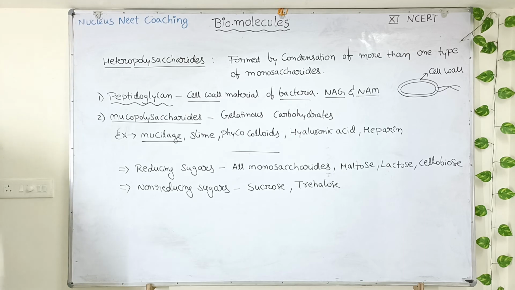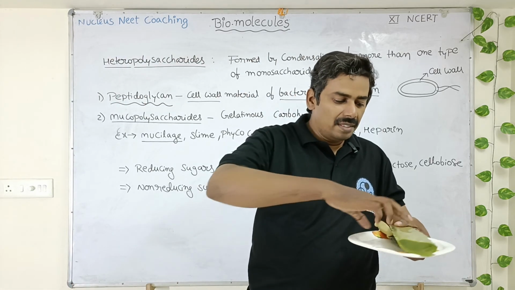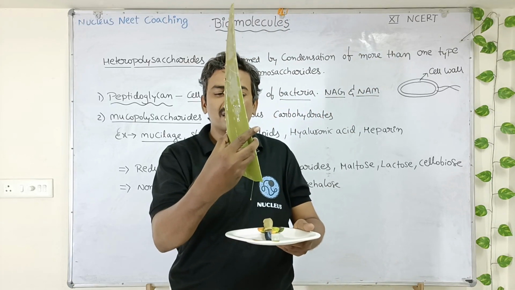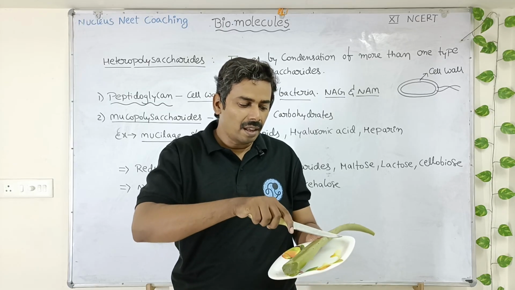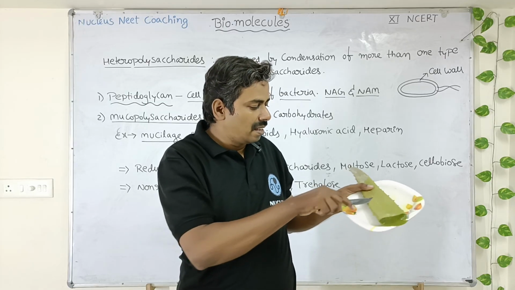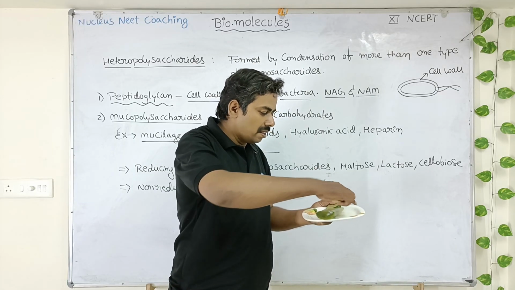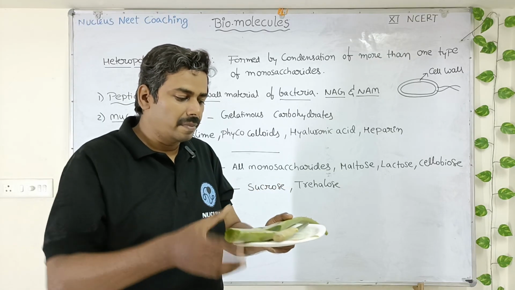I have brought for you aloe vera. Look here, a nice beautiful aloe vera leaf. Look here, this is a fleshy leaf. So if I cut open aloe vera, then I can see some slime.